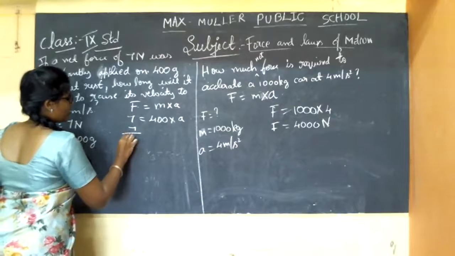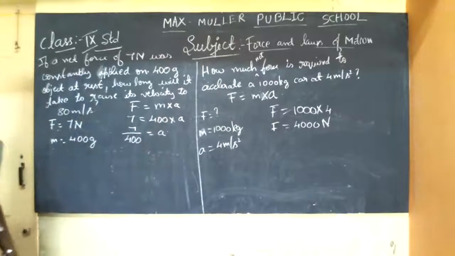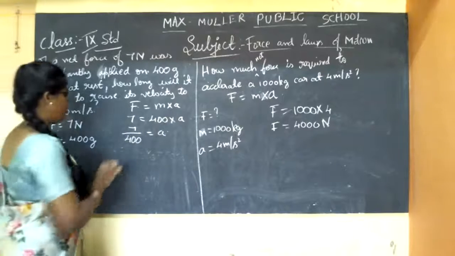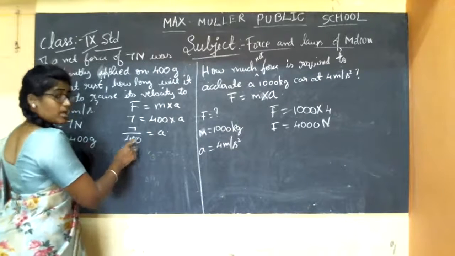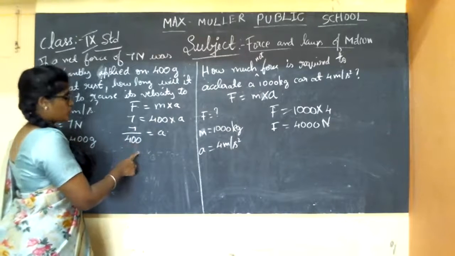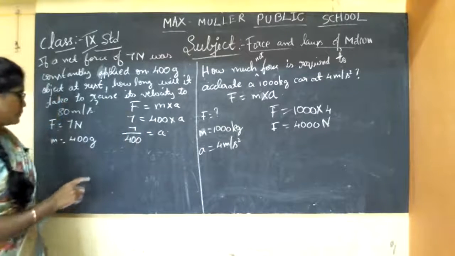So 7 divided by 400 is equal to A. Yes or no? Now what do you do? Cancel it off. Two zeros are there. If you want these two zeros to go, what will you do here? You are going to add two zeros here.